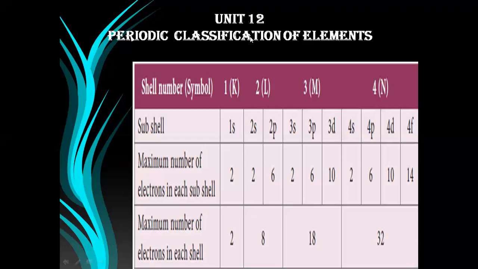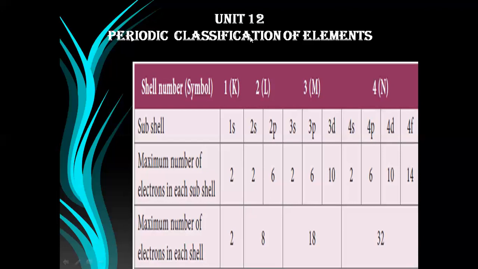Today we are going to see the advantages of the modern periodic table, and metals, non-metals, metalloids, alloys, etc. First, the subshells: S, P, D, F. What are the maximum numbers of electrons present in the subshells and shells?